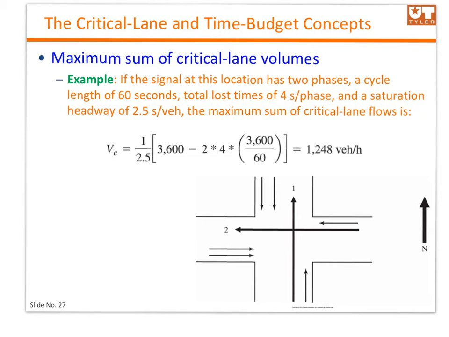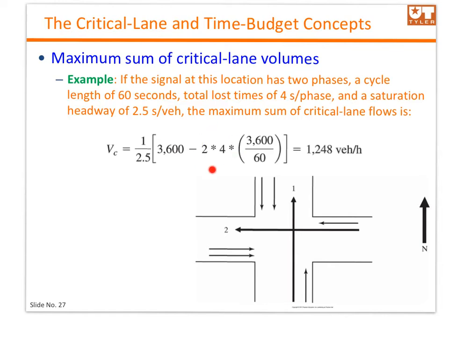VC is going to be equal to 1 over the saturation headway times 3600, the total budget in 1 hour, which is 3600 seconds, minus 2 times 4, since we have 2 phases per cycle and 4 is the total lost time per phase.